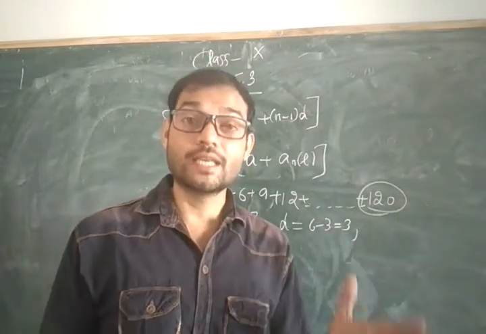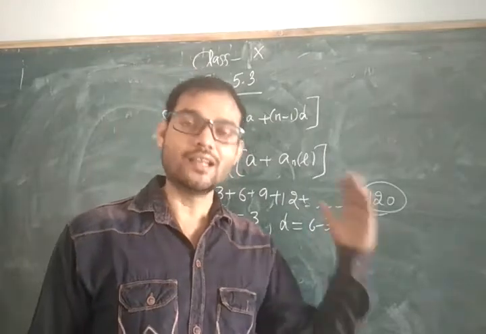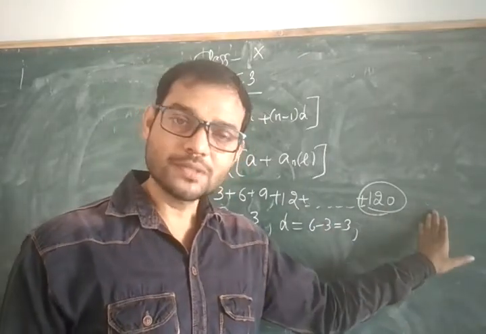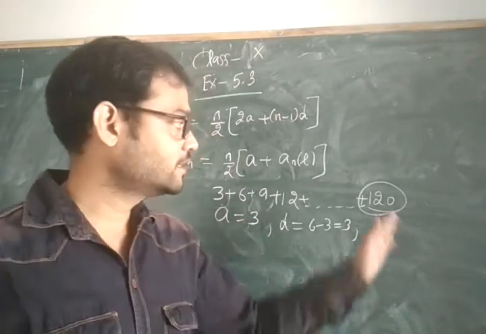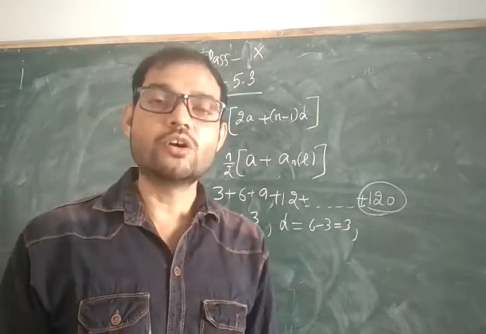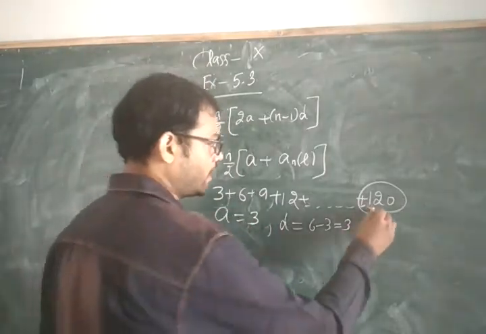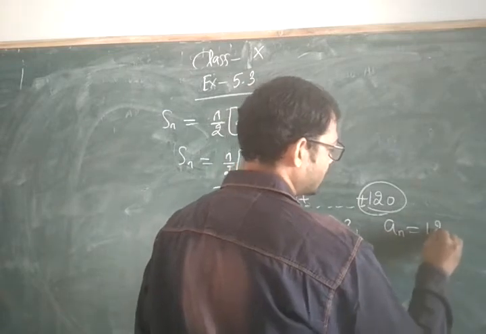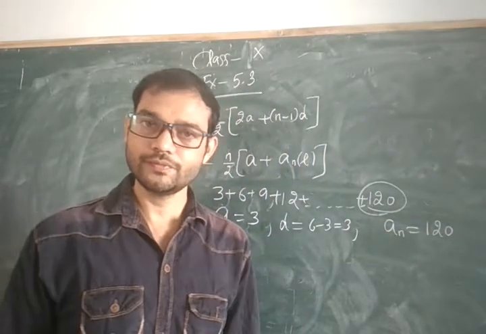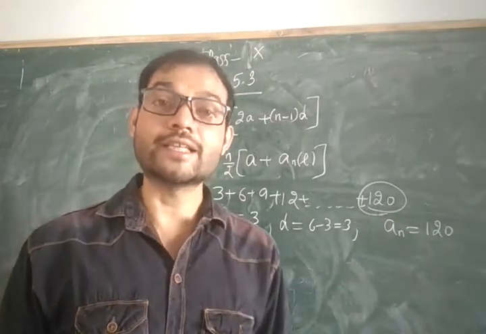So if it is not terms, it means this is not n. This is the last term, or you can say the nth term, both are the same thing. So I will write it as the nth term. Got it? So I know the nth term, not 120 as terms.